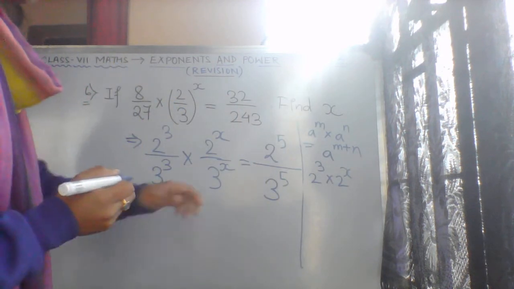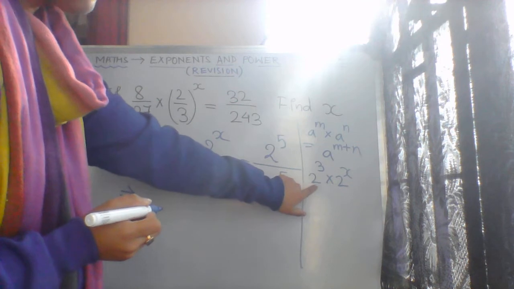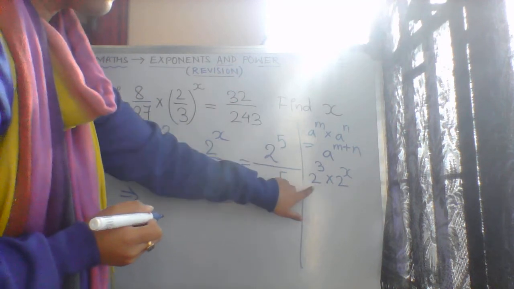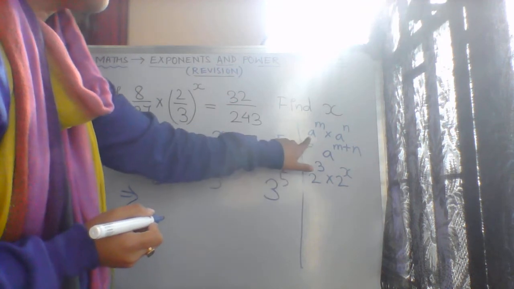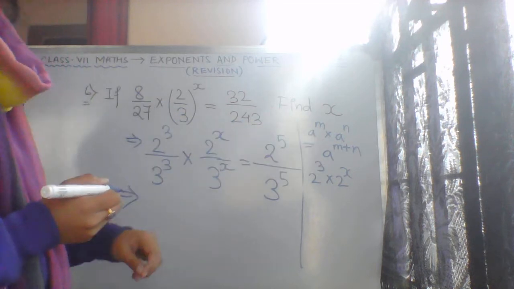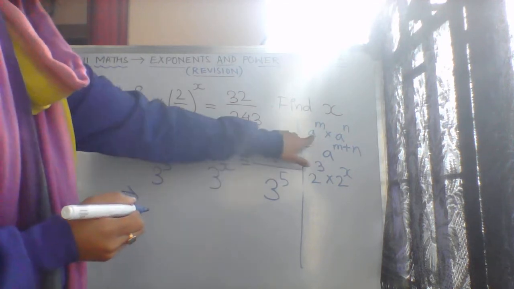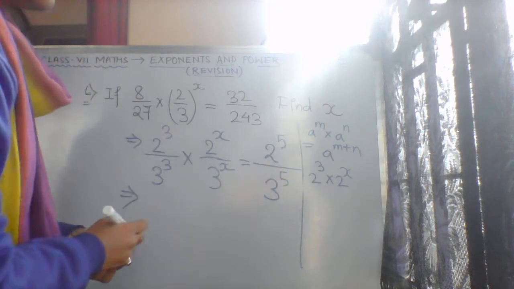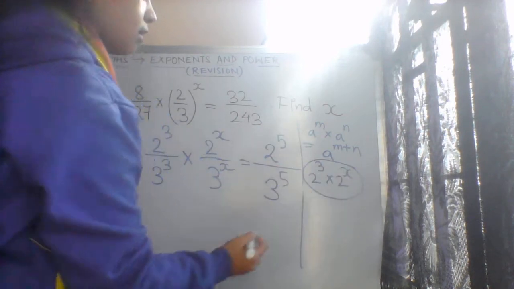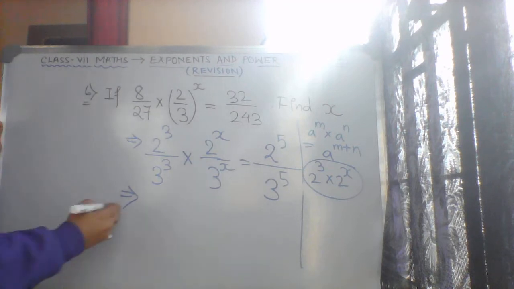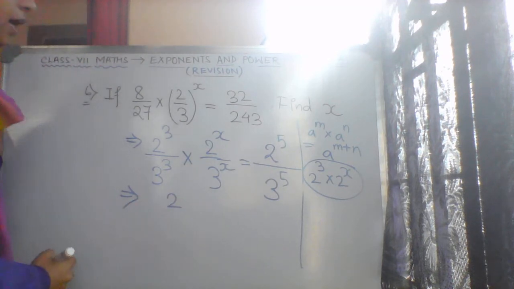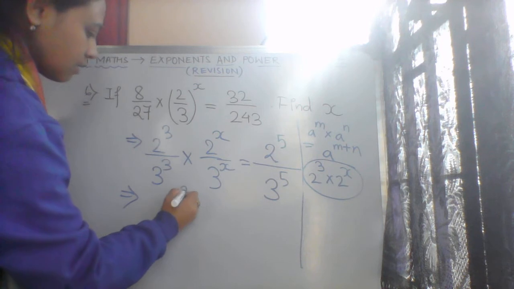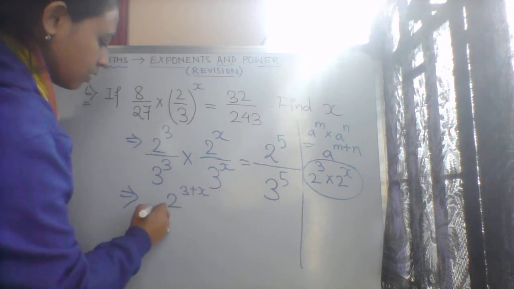Because here you can see the base is same, both are base 2, and there is multiplication. So we use a to the power m into a to the power n is a to the power m plus n. So here also we will do the same thing. In the numerator it will come 2 to the power 3 plus x.